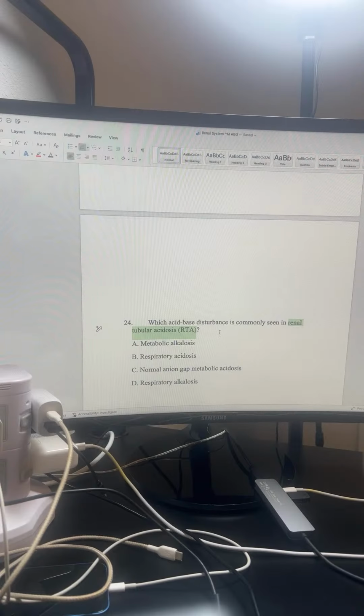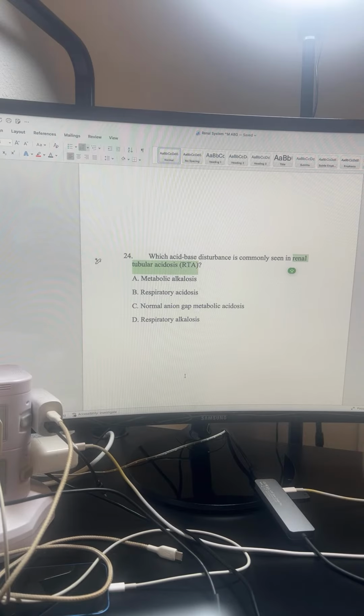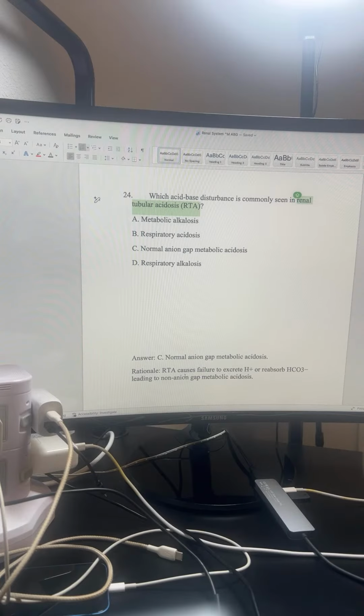Look at the question and look for anything that will give you an answer. Renal is usually metabolic. So for this patient, you will have normal anion gap metabolic acidosis. Renal tubular acidosis causes failure to excrete hydrogen ions or reabsorb bicarbonate, leading to non-anion gap metabolic acidosis.